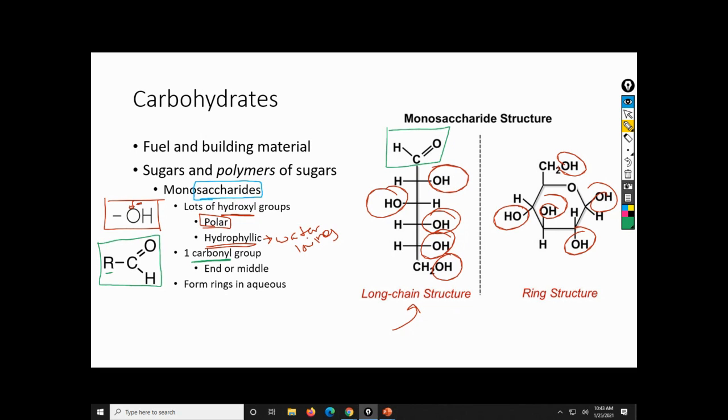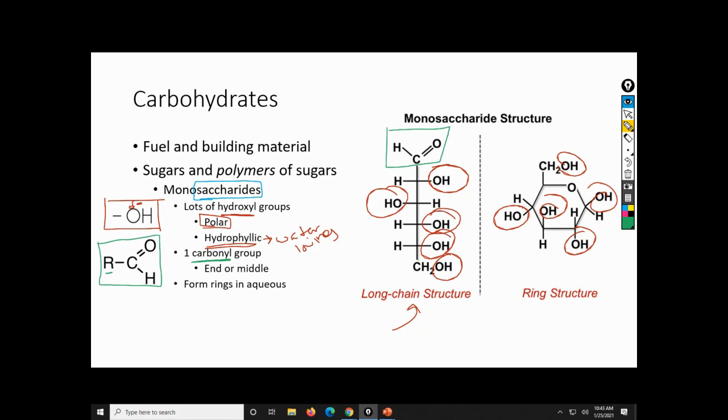Okay, so it's fairly easy to pick out on my chain structure. Okay. Trouble is in the ring structure, which is the one on the right, we can't really see that anymore.